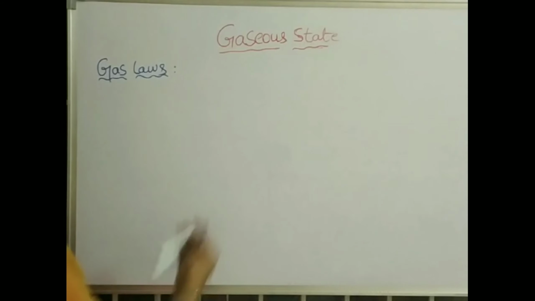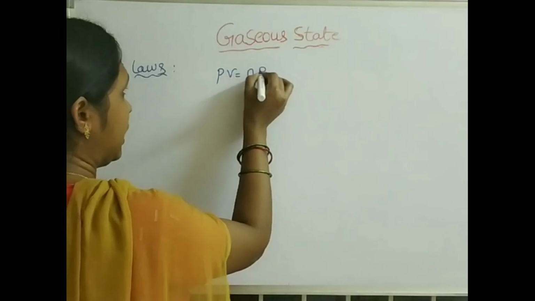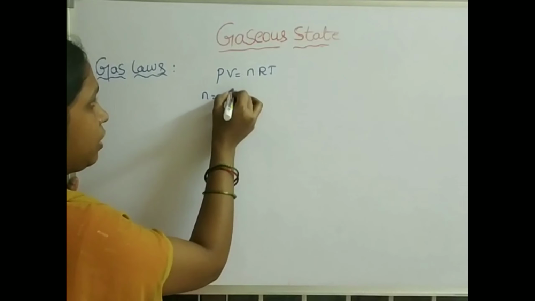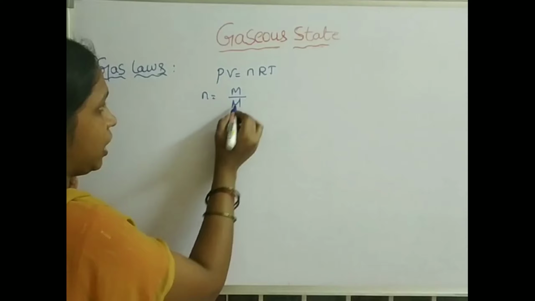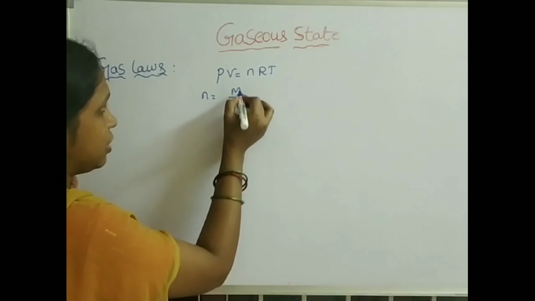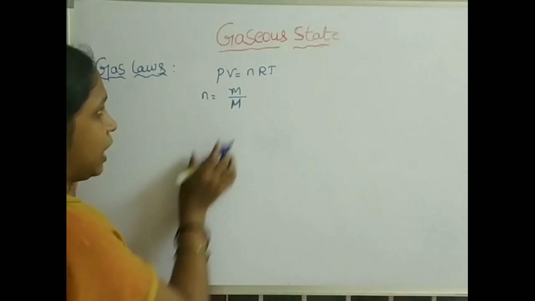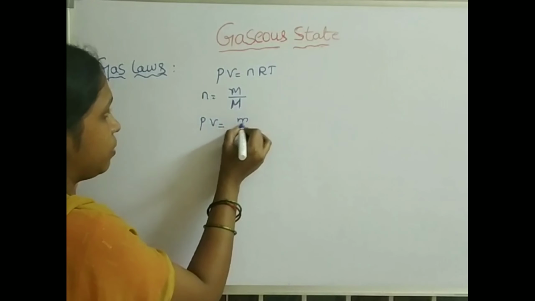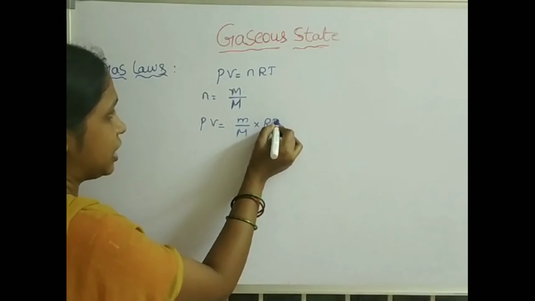See the ideal gas equation, PV equal to nRT. Here n is the mass of gas by molecular weight of gas. Small m is the mass of gas, capital M is the molecular weight of the gas. Substituting, PV is equal to mass of gas by molecular weight into RT.